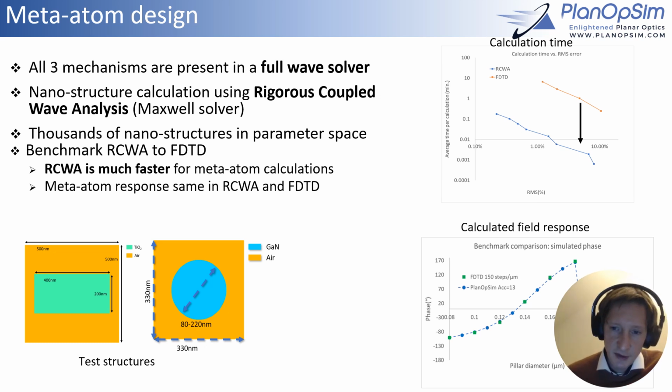In the PlanOpsim software we opted to implement the RCWA calculations because in our benchmark tests comparing to FDTD solutions for the same structure, it turned out that RCWA calculations are much faster compared to FDTD while yielding the same results for this type of structures. This is particularly true for the nanostructures. It is not generally true for all types of optical calculations, but it is for the meta-atoms that we are interested in here.